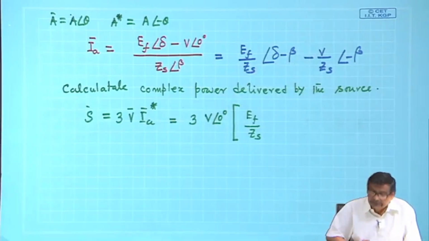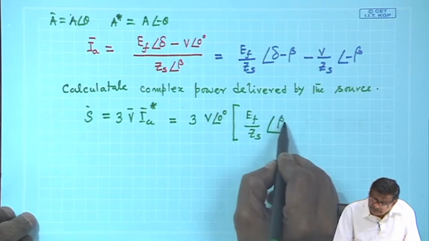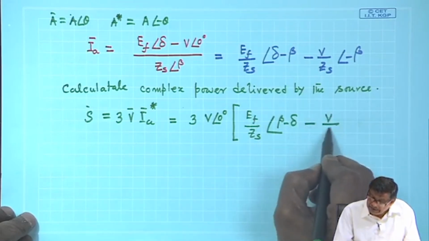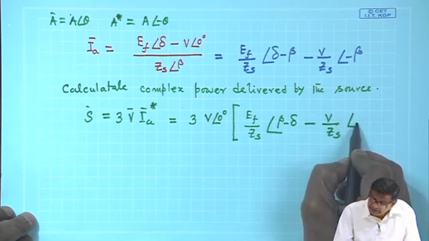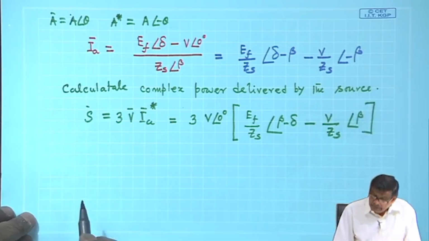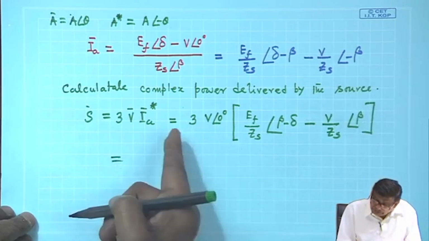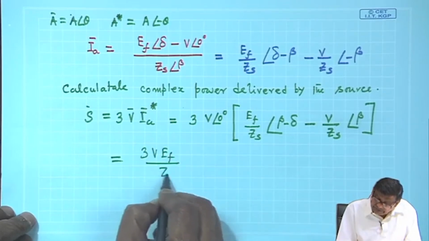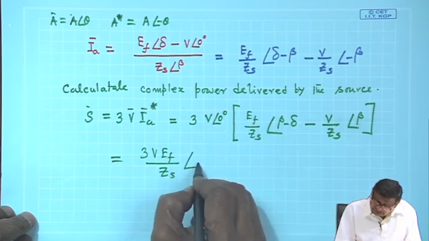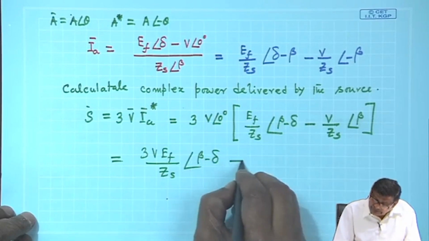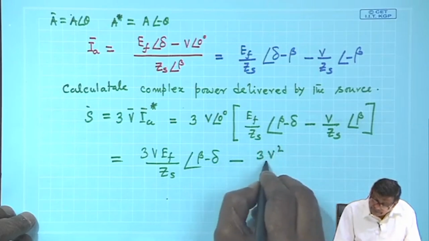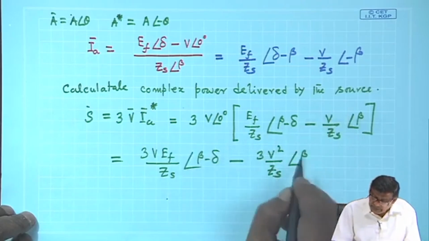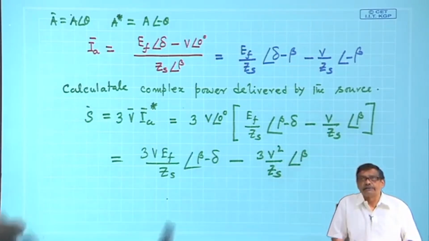So, it will be equal to beta minus delta, I A star, and I am putting minus V by Z s and angle beta, and this you just push it inside. So, it will be 3 V E f by Z s, angle 0 plus beta minus delta, which remains beta minus delta, minus 3 V square by Z s angle beta. Anyway, we will continue with this in the next class. Thank you.